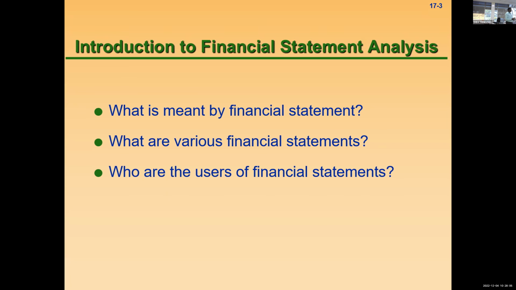That objective is achieved by preparing a statement called profit and loss account. Profit and loss account is for knowing the profit or loss. Balance sheet is to know the financial position, which contains assets, liabilities, and equity.